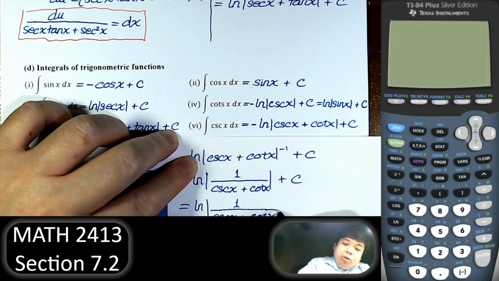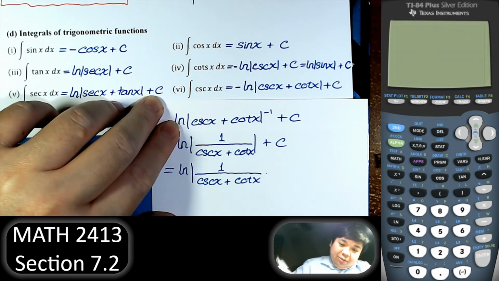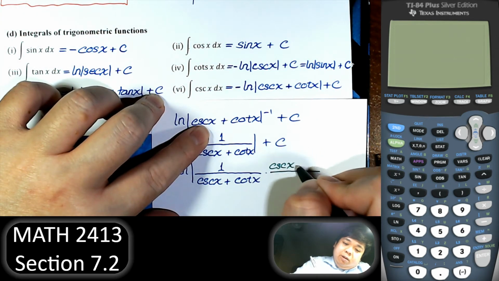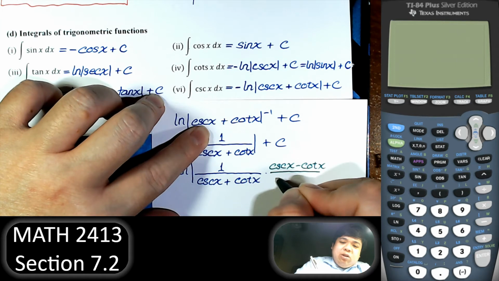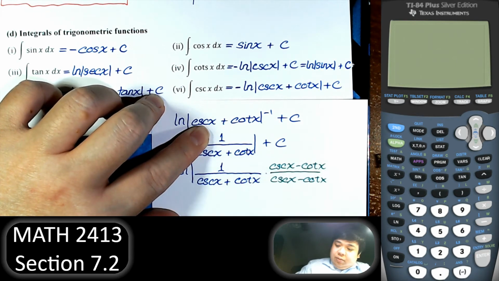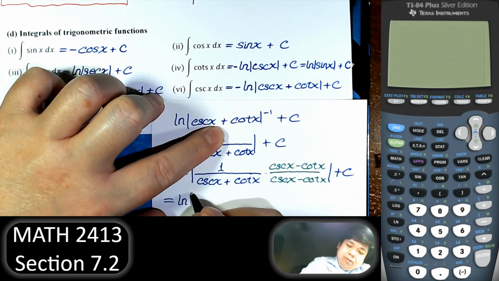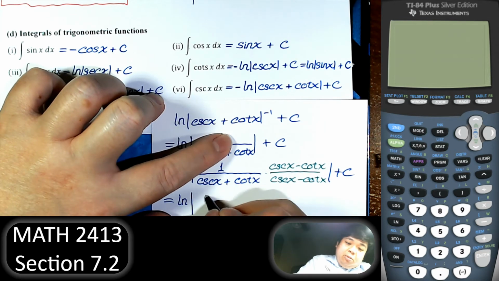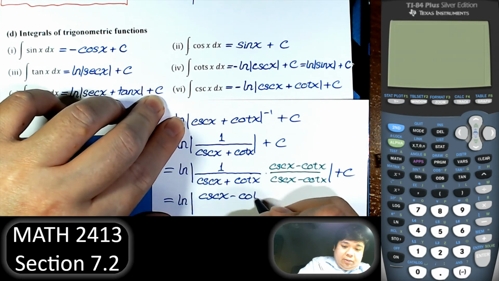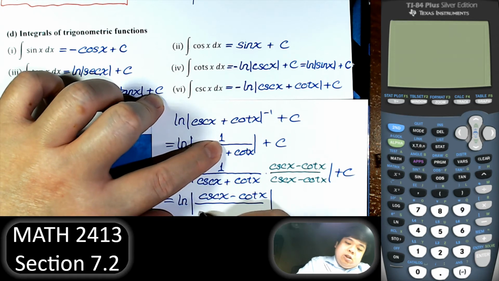What we do here when we simplify, I will multiply by the conjugate, cosecant x minus cotangent x. And how does that simplify? Well, you see, the top will be just cosecant minus cotangent. The bottom, though, cosecant times cosecant is cosecant square.